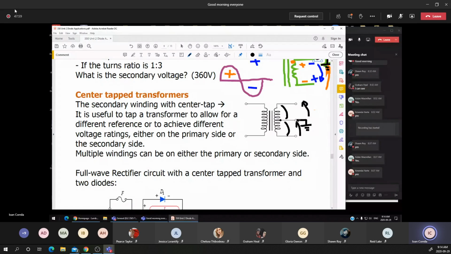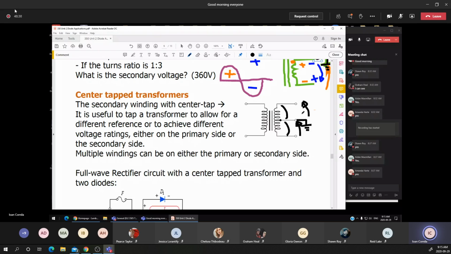The voltage across the first winding is equal to the voltage across the second winding. Again, what is the assumption? The two windings are identical, or have the same number of turns. If the two windings have the same number of turns, the two voltages on the secondary winding will be the same.